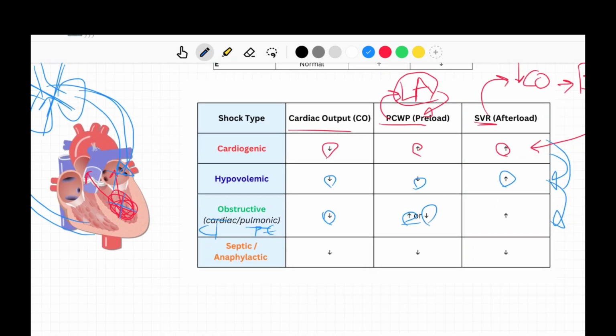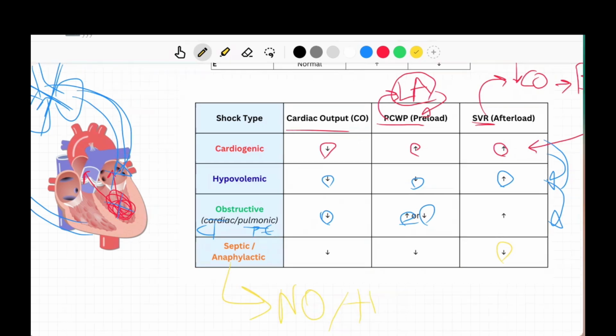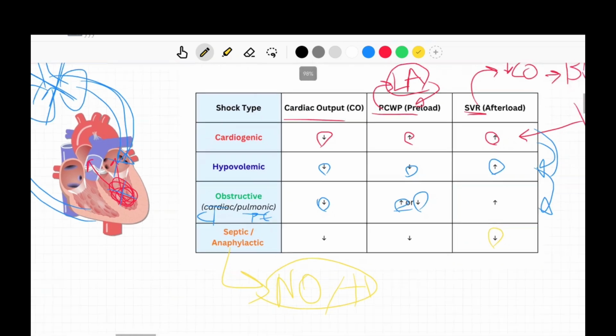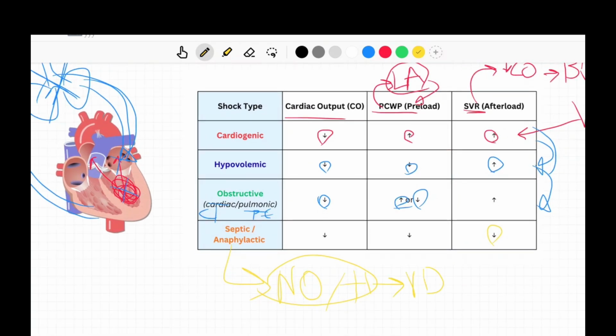Now guys, the septic and anaphylactic shock, okay. Septic and anaphylactic shock are different, because in this case the primary effect will be in systemic vascular resistance. In septic and anaphylactic shock, our body secretes some mediators like nitric oxide and histamine, and these are very potent vasodilators. So we will have a massive vasodilatation in our blood, and this will lead to a decrease in SVR.